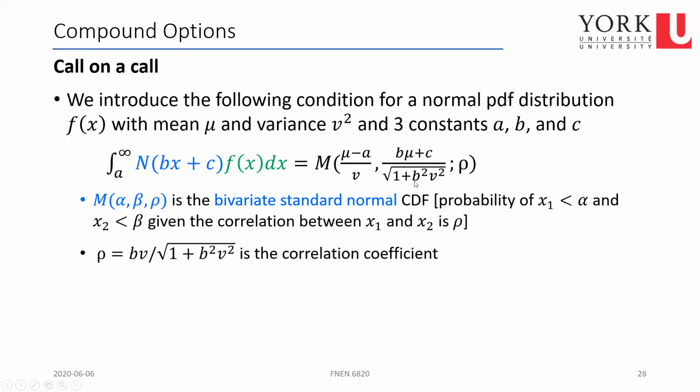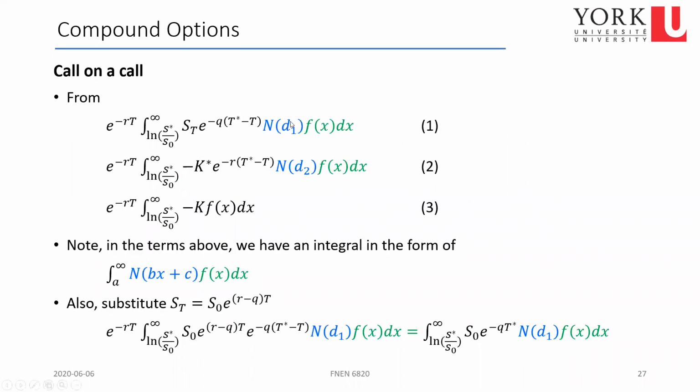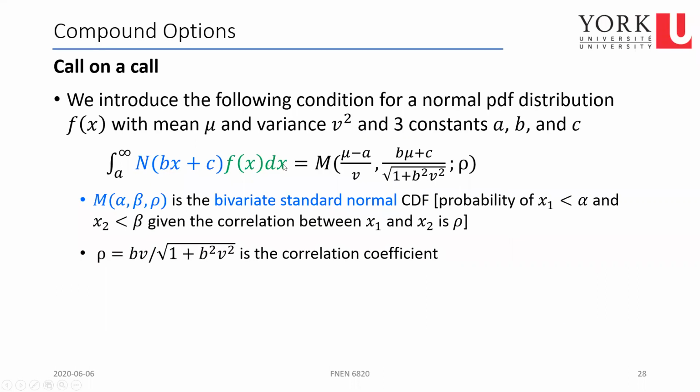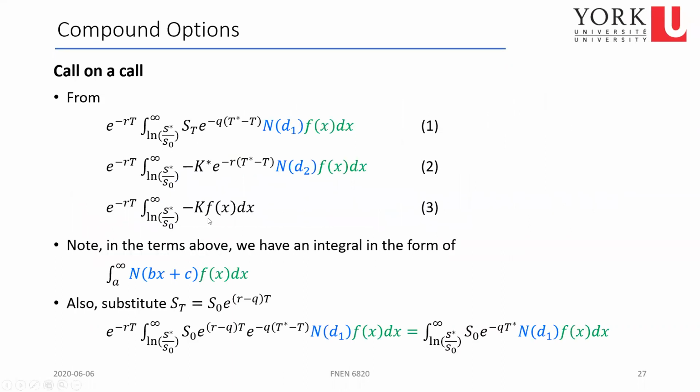Now suppose you drill through all the math behind it. So essentially integrate those three, and we know how to integrate 1 and 2 now with this condition. And once we figure out B and C, this integral is actually very easy.